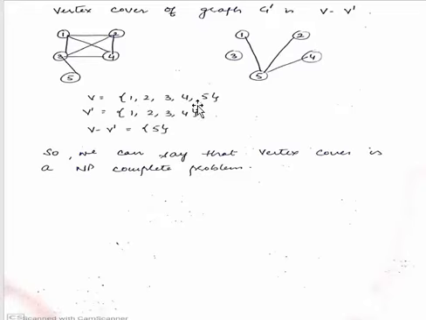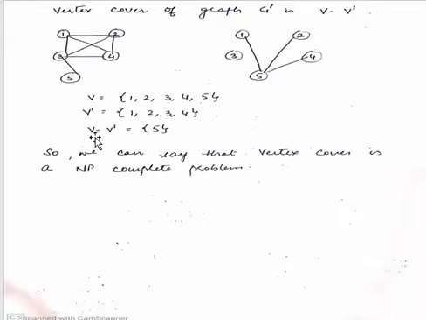V is the set of vertices 1, 2, 3, 4, 5. And what is V dash? V dash means the vertices that are in the clique. V dash is the vertices that belong to the clique. What was the clique here? The clique was 1, 2, 3, 4. So I can write down clique is 1, 2, 3, 4.